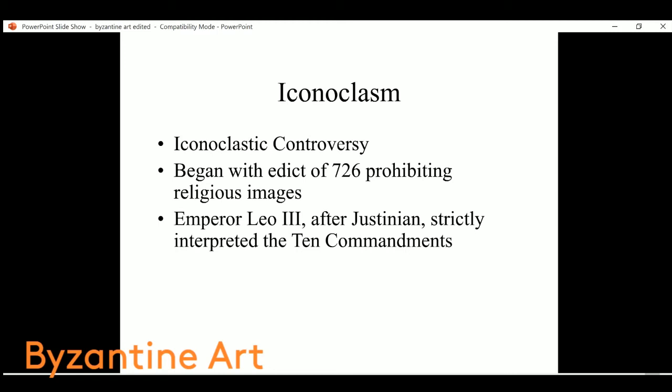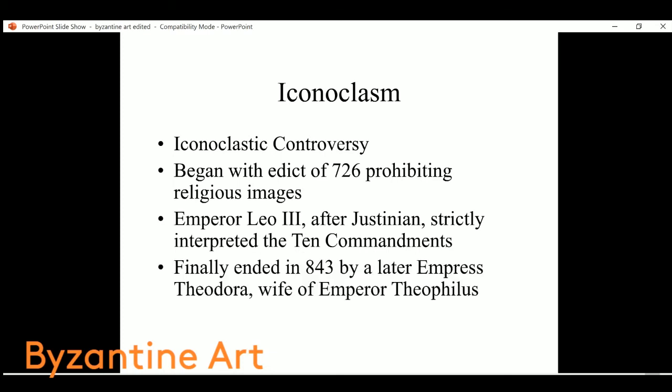So it began with an edict of 726 prohibiting religious images, and Emperor Leo III, after Justinian, strictly interpreted the Ten Commandments. In the Ten Commandments it mentioned, I am the Lord thy God, thou shalt not have any strange God before me. So that is the first commandment.